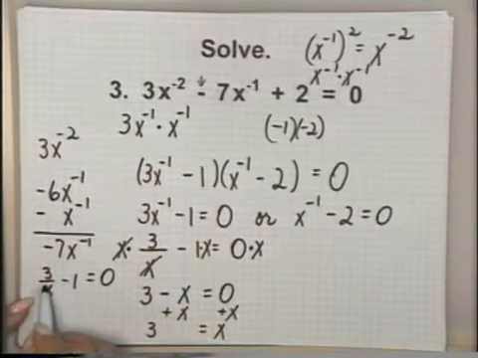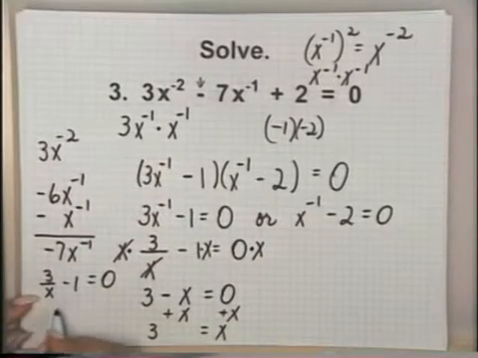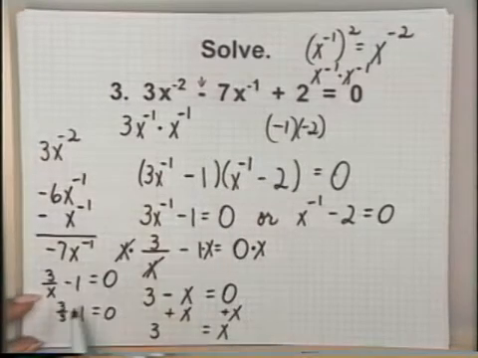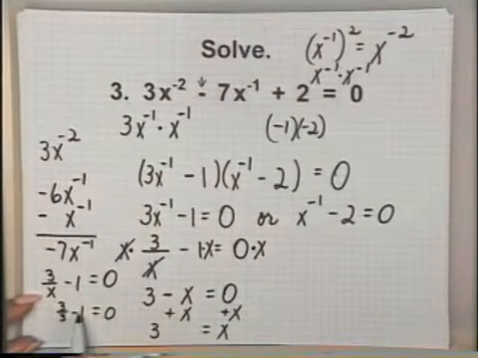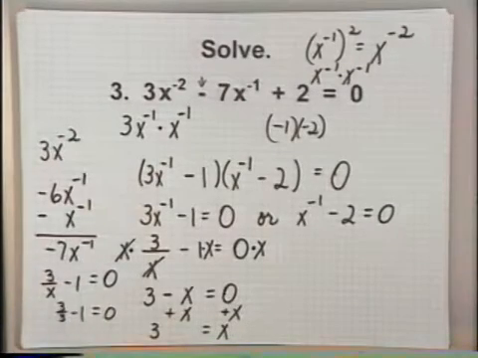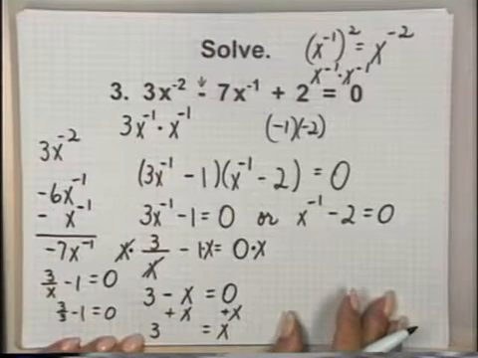If x is equal to 3, does this denominator equal to 0? No, it does not, does it? We would have 3 over 3 minus 1 equals 0. Well, of course, 3 divided by 3 is 1. 1 minus 1 is 0, and we have just checked that problem, haven't we? So x equals 3 would be a solution.